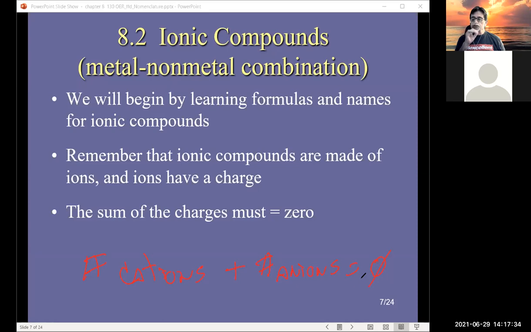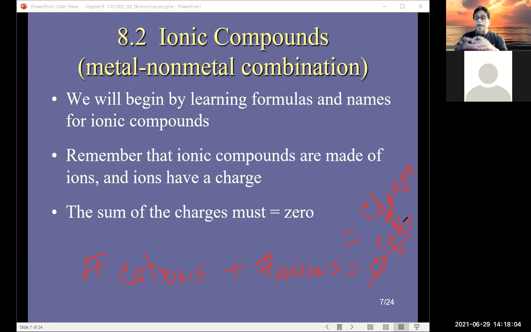A more generic formula would be, because you have some homework that may have the overall formula, I'm getting an unstable signal again. Okay. Instead of saying 0, we could say the charge of the compound, whatever it may be.